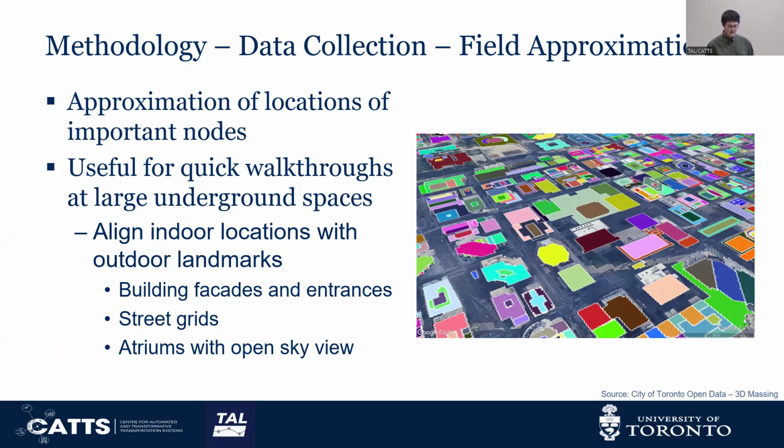This is especially useful when we had to do quick walkthroughs at very large underground spaces. The most common method is whenever I'm standing at a location underground, I try to see how that aligns with important landmarks on the street level, whether that's building entrances or the street grid.